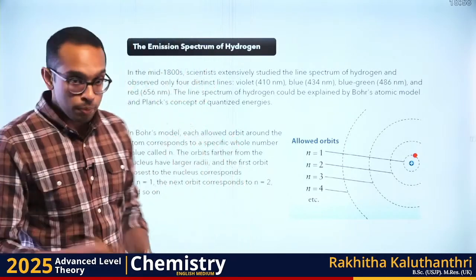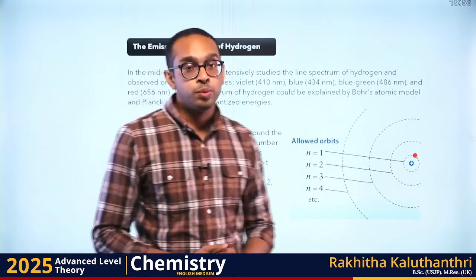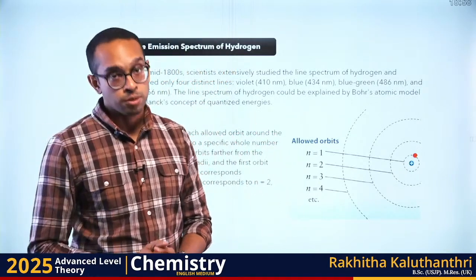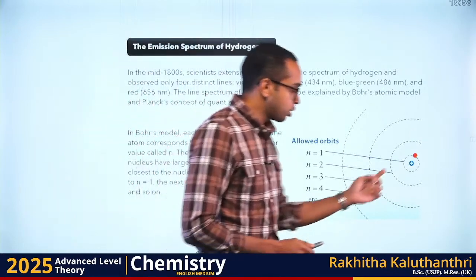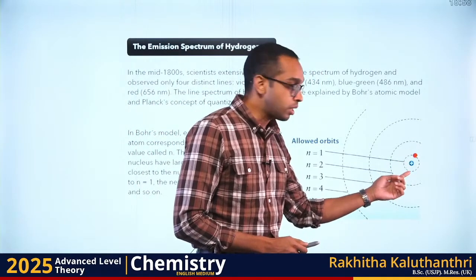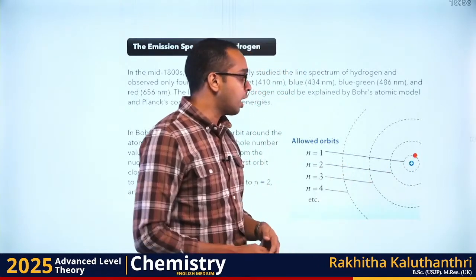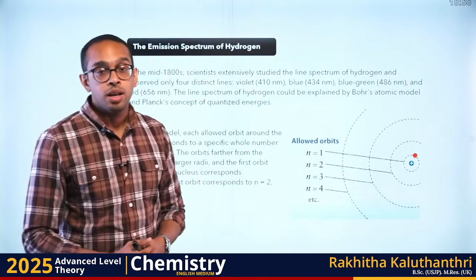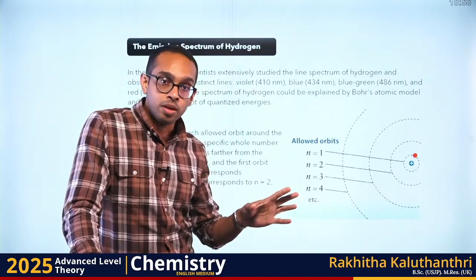So to explain this, a scientist known as Niels Bohr provided a theoretical explanation. He said around each atom's nucleus there are energy levels, or he called them allowed orbits, where electrons are going to be present. Right?